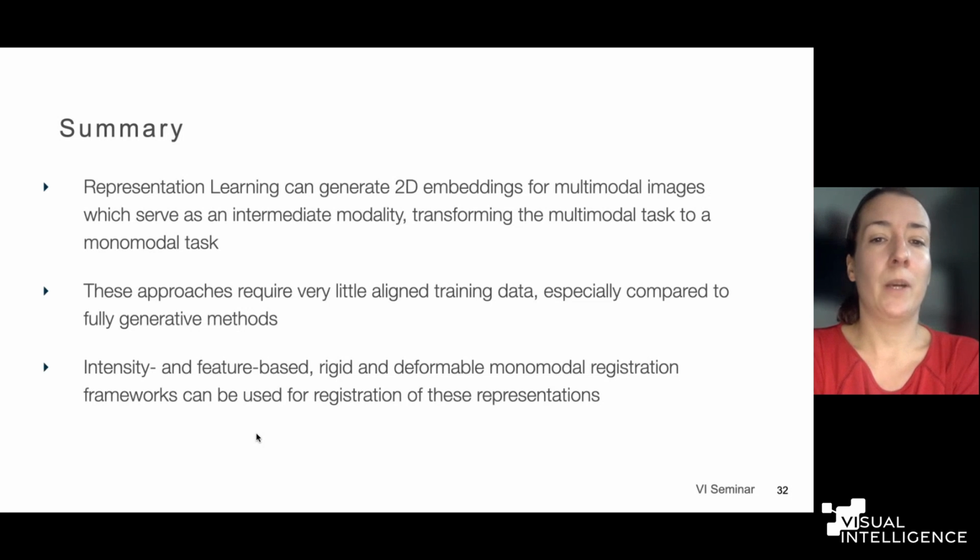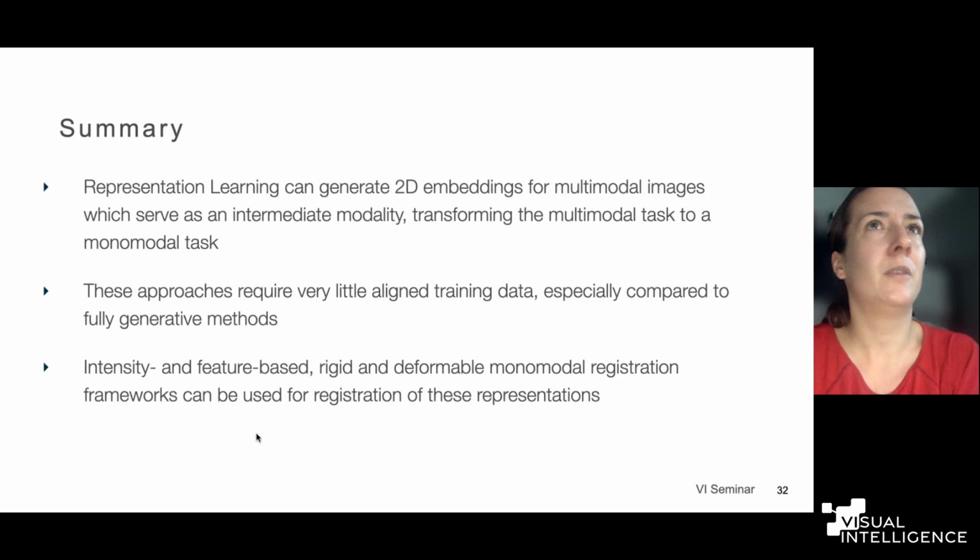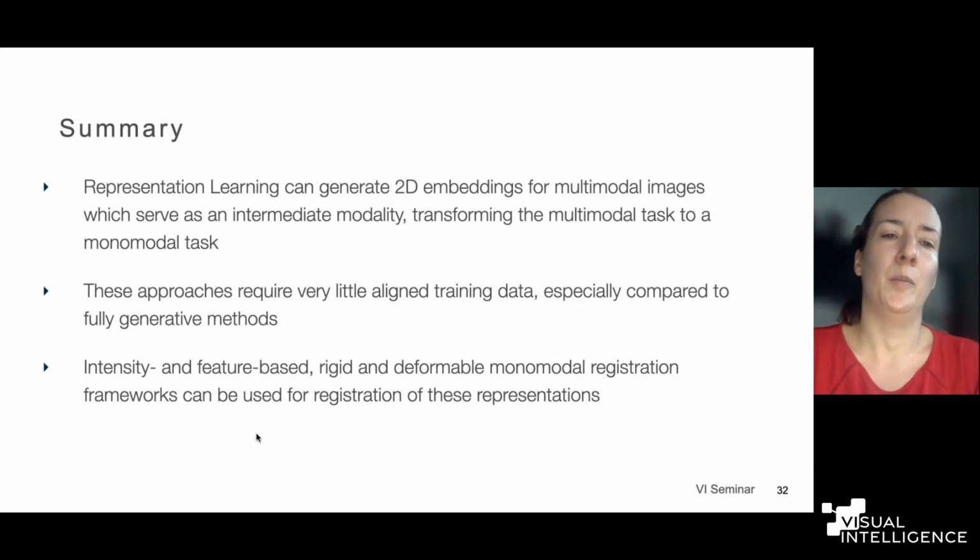And these approaches require very little aligned training data, especially compared to fully generative methods like GANs or diffusion models. But of course, we are also interested in trying to get to a place where it's fully unsupervised if possible. And we were able to use intensity and feature-based registration methods, both for rigid and deformable registration, that we could apply for these representations.